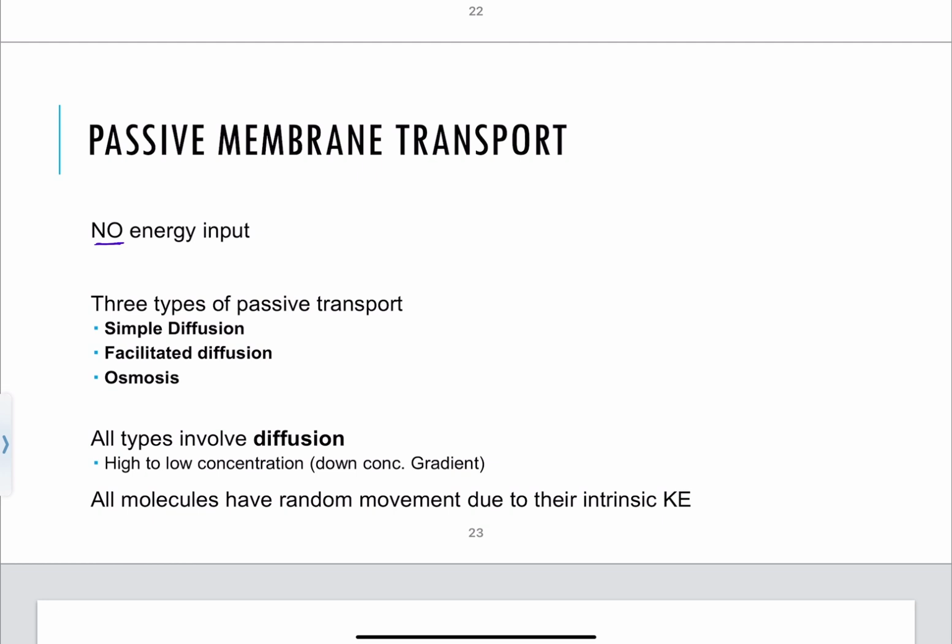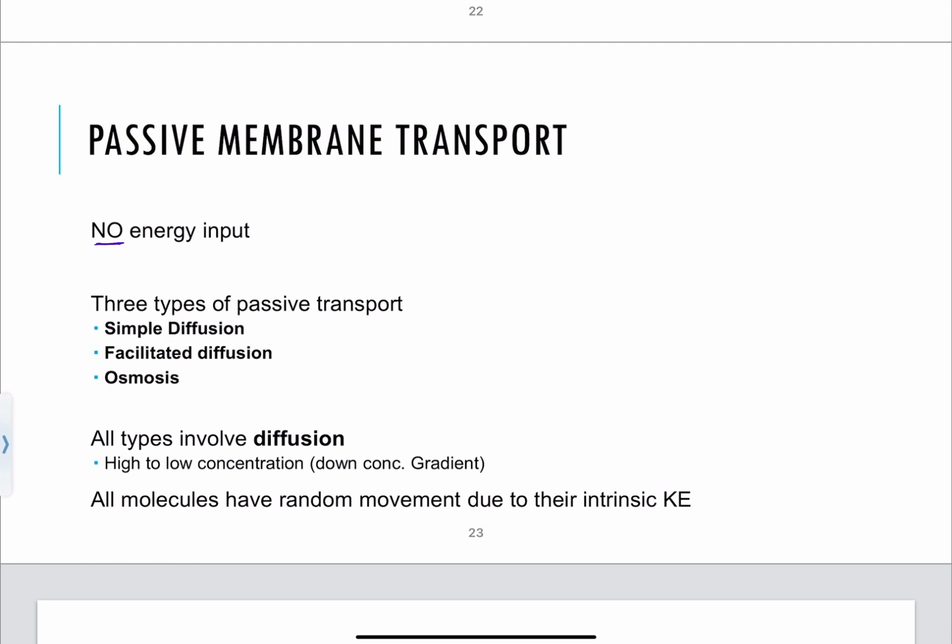It needs to be facilitated, so it needs a protein to help get it across. And osmosis just means the movement of water from an area of low solute concentration to high solute concentration. But we're going to talk a lot more about those now.